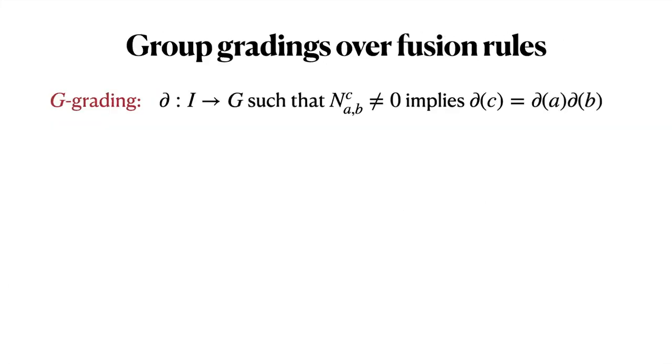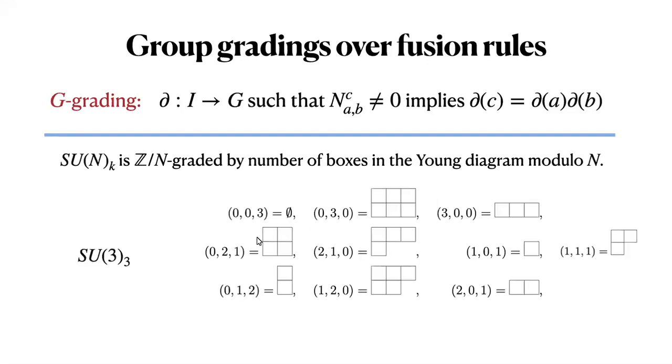So for example, here, this simple object, in this case, will have grading 0. This, again, in this case is 6, the number of boxes. 6 mod 3 will be 0, so it also has grading 0.